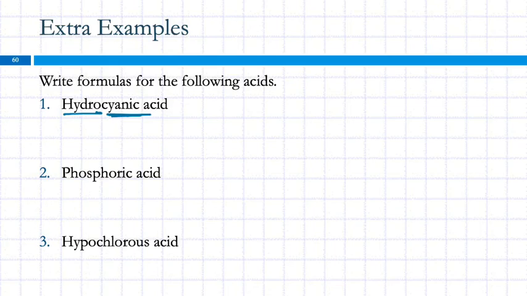Cyanide. Yeah, cyanide is CN minus. Why? Because I told you to memorize it. And then, this being an acid, there's an H+. And so from the charges, I see that when I put these together, I get HCN aqueous.